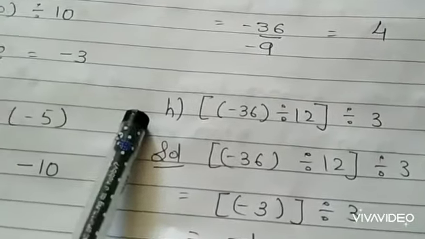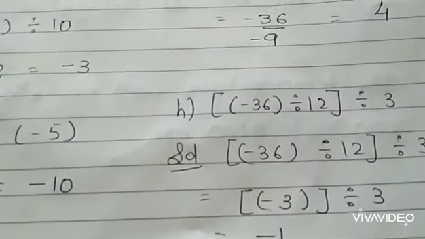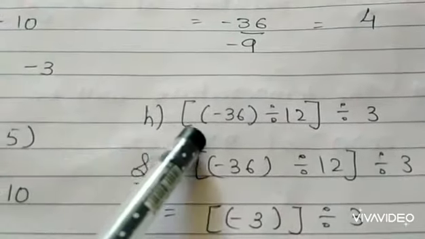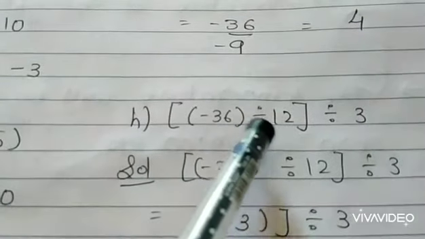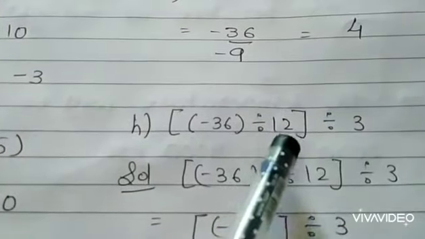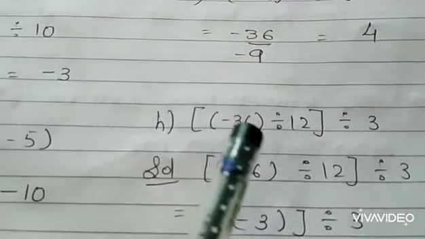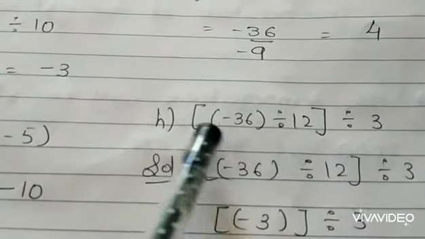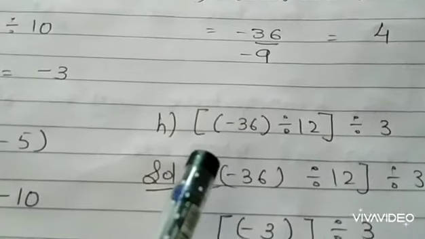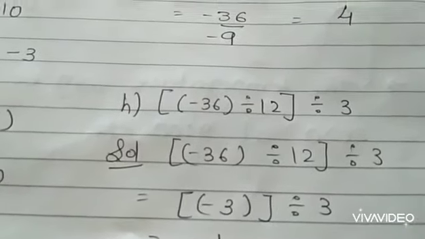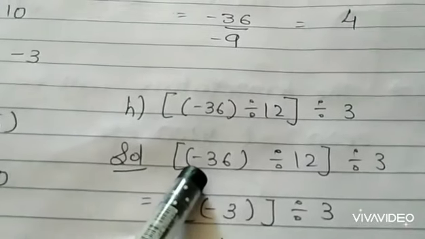Now moving to sub question H. Here it is given in brackets: inside the bracket, minus 36 divided by 12, then bracket closed, divided by 3. Whenever something is given inside the bracket, we have to solve the bracket first and then do the next step. So we will solve the bracket first.